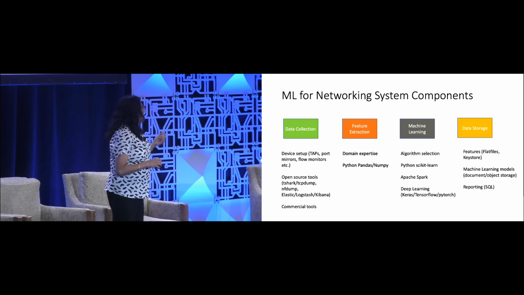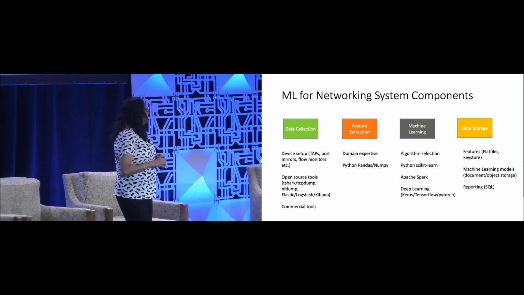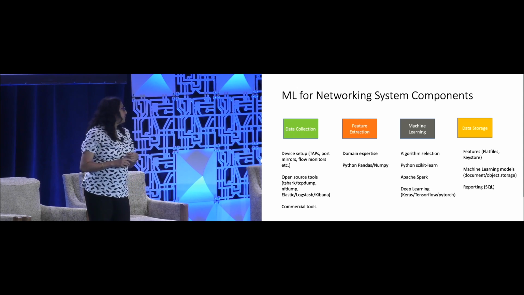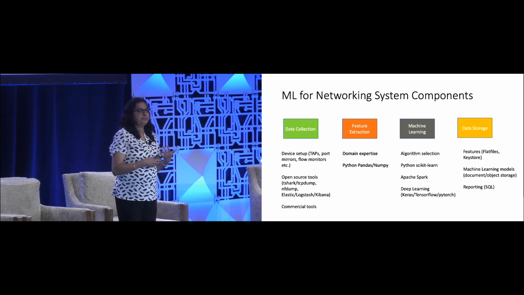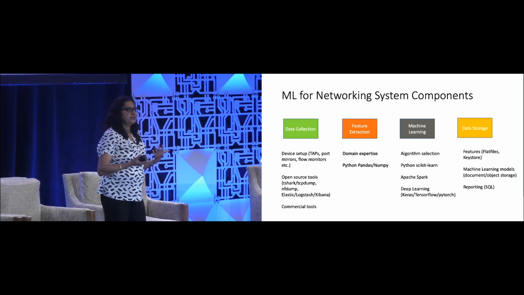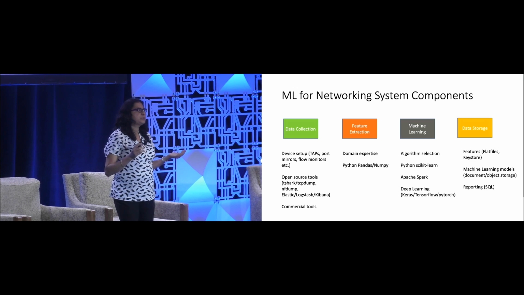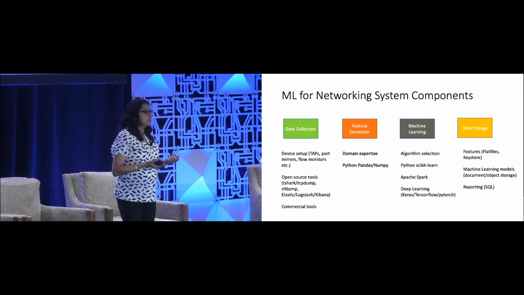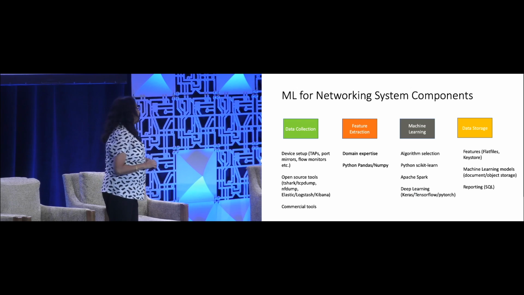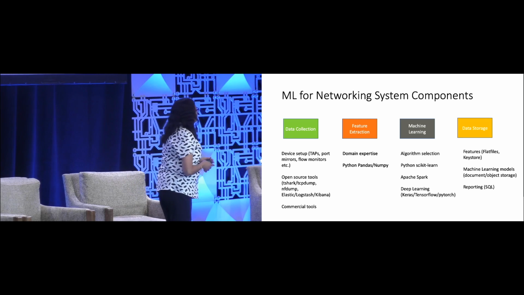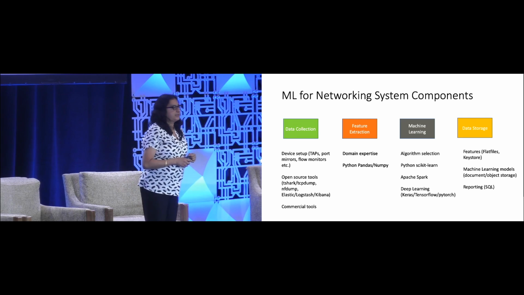We used Python, pandas, and NumPy to do a lot of the data pre-processing and munging and getting features. There are some commercial tools that do feature extraction, but most of them are very expensive and they don't really work that well for networking data. You could probably try it, but I don't know if it's very effective.